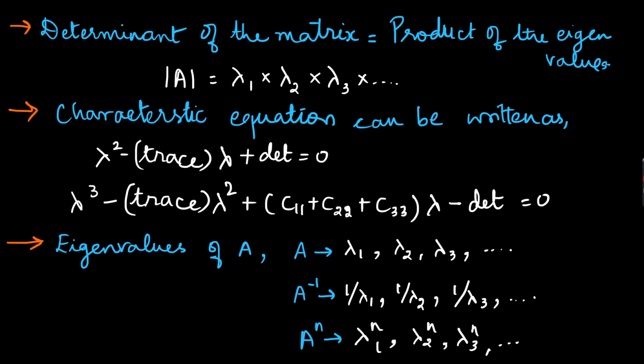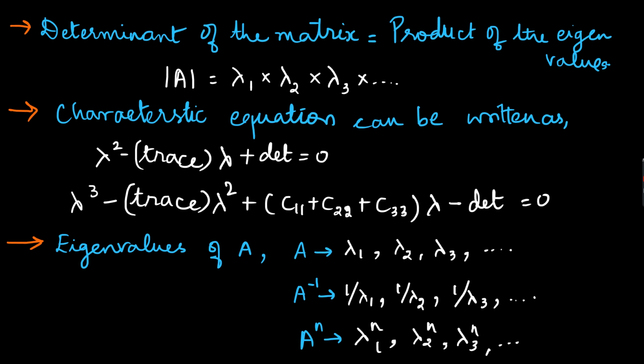Next, if you have found the eigenvalues of matrix A, which are lambda 1, lambda 2, and lambda 3, then the eigenvalues of the inverse of that particular matrix will be 1 by lambda 1, 1 by lambda 2, and 1 by lambda 3. And if you have the eigenvalues of A and you are asked to find the eigenvalues of A power n, then it is direct.